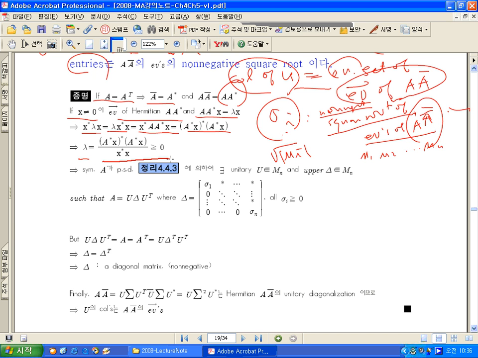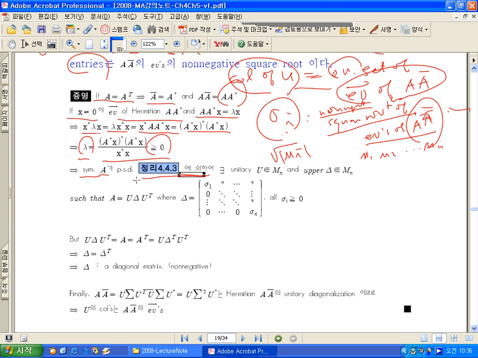Then lambda can be written in this way, and we know that this is non-negative. Then the symmetric matrix A is positive semi-definite because all eigenvalues are non-negative.